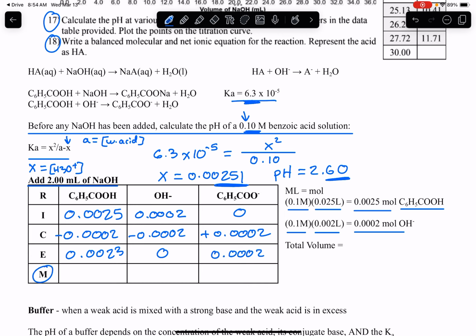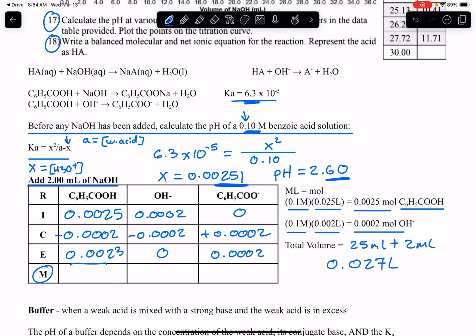Now, I added one more row in the ICE table, and this M just means molarity because when we solve for pH, we need the molarities of each of these. So the total volume is the 25 milliliters plus the 2 milliliters. This is for the acid, this is for the base. When we add that, that's 27 milliliters or 0.027 liters.